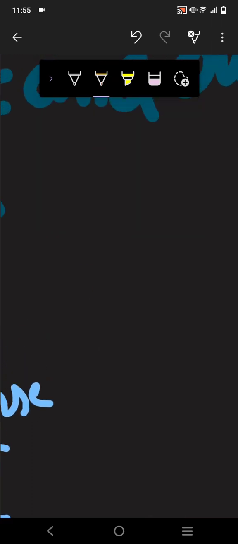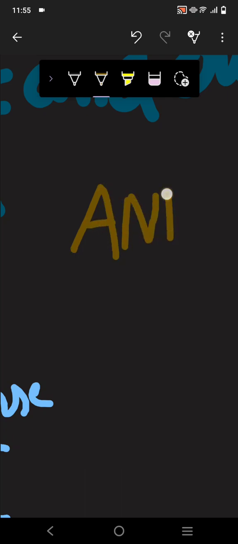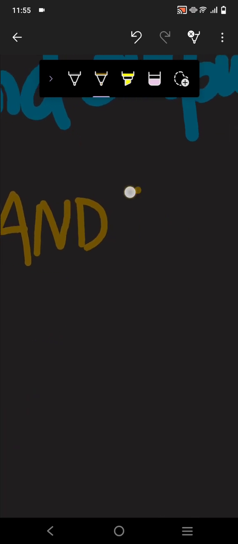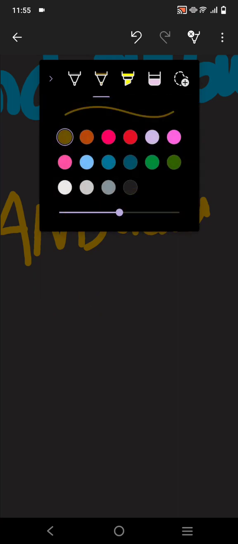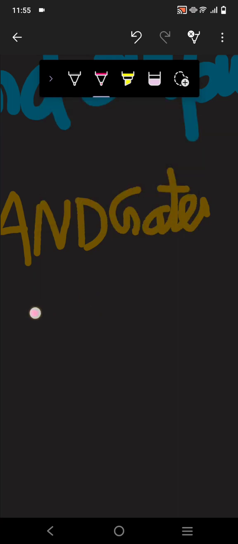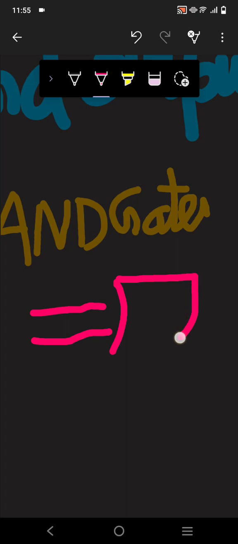none other but the AND gate. Okay, so AND gate, let me make the diagram of the AND gate. This is the input, the diagram is a little bit changed over here.